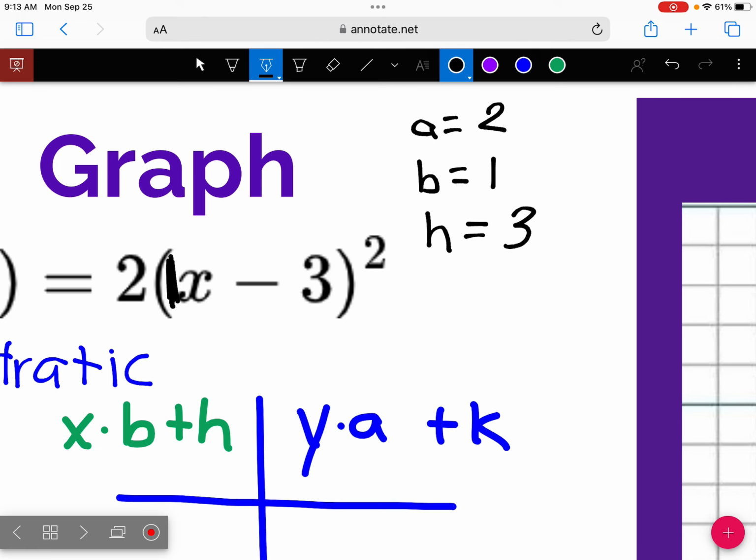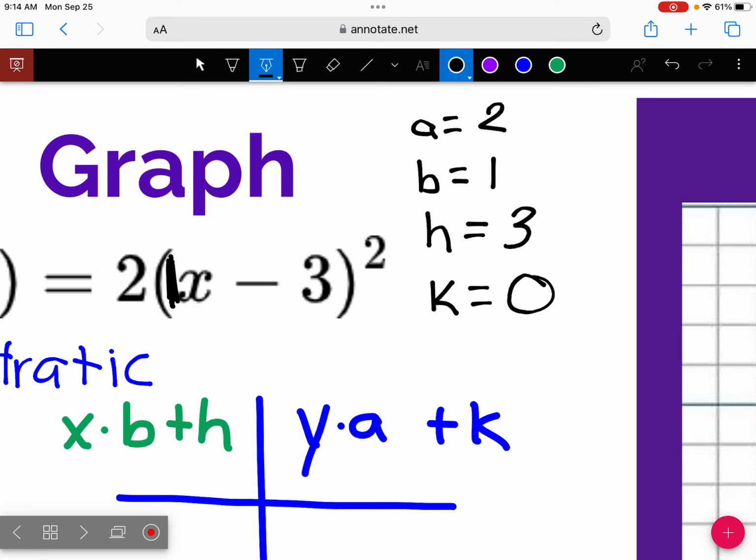Positive 3. So it's the opposite. H always has the opposite sign of your equation. What's our K? 0. There's nothing added on the end.